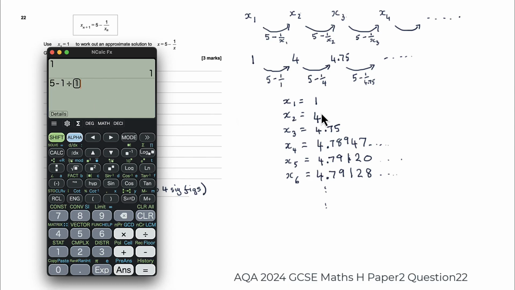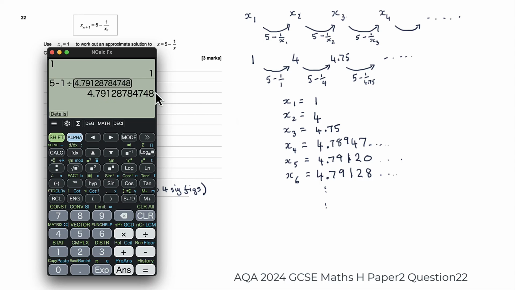Now, that's what we did for producing the x2. But in this case, I'm just going to press the equals again for x3, and again for x4, and again for x5, and so on. I just need to keep pressing the equal sign, and it performs 5 minus 1 over the previous answer. So I've now reached that. Now I can easily just keep calculating, and see at this stage nothing changes.